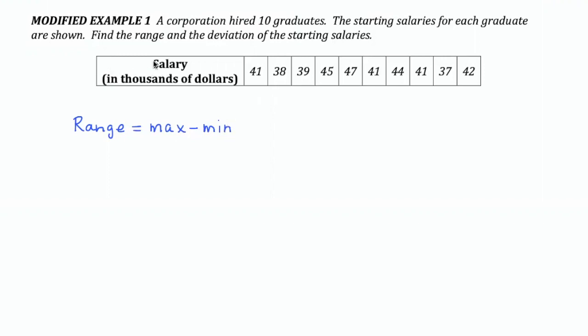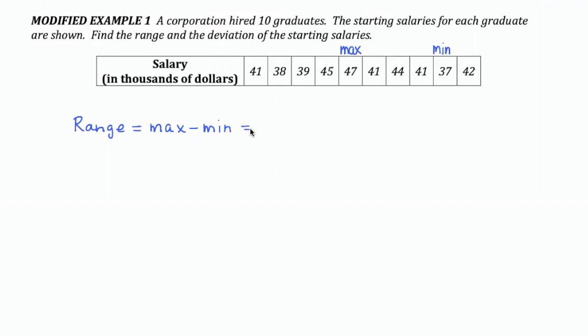Now, please note that this is salary in thousands of dollars, okay? If you were only paid a salary of $41, that'd be pretty sad. So I'm going to scan these numbers, and it looks to me like 47 was the max. And the lowest would have to be one of these in the 30s. It looks like 37.